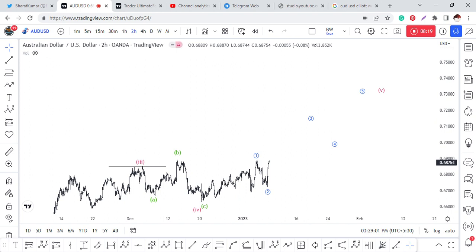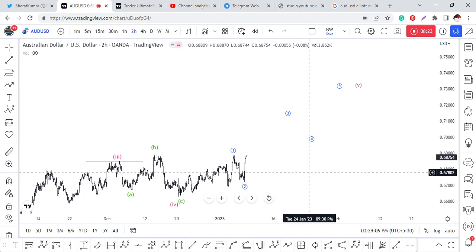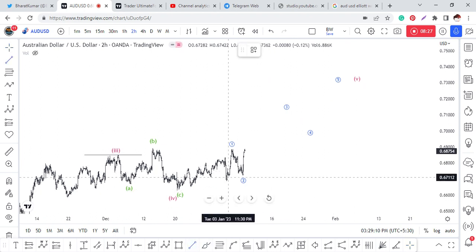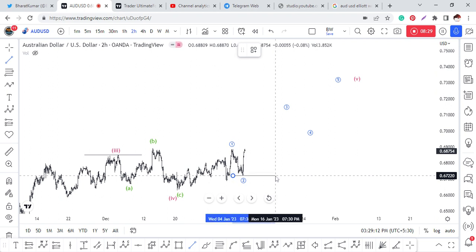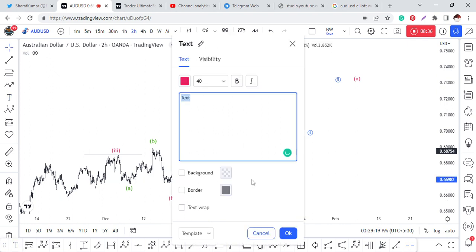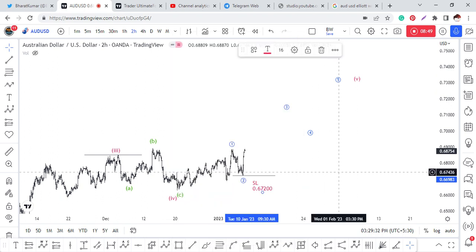Now, how to trade this one? For any long position, our SL will be this area, 0.67200.